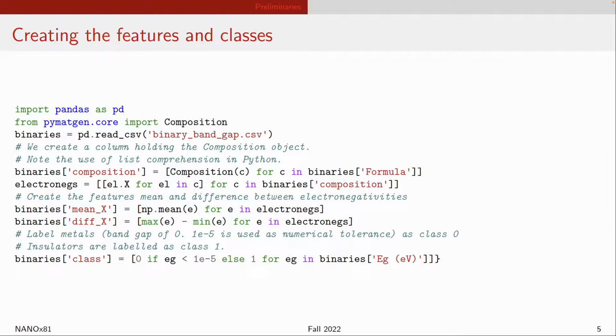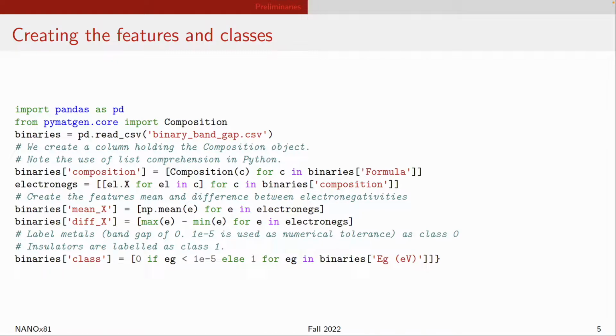And what I first do is that using the PyMatGen composition object, I'm going to pass all my formulas. All you need to do is just give the string formula to the composition object. It will automatically parse the formula. And then the electronegativity of each element is in the attribute X. So I'm going to create a list of the electronegativity of all the elements for each line.